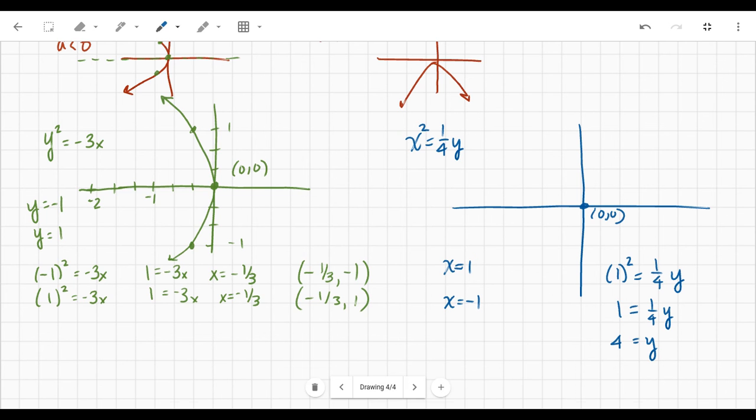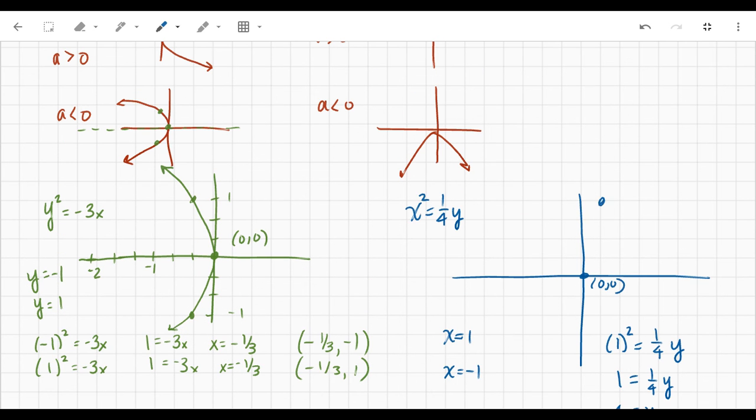So if x is 1, y is 4. And then because of symmetry, we'd also have negative 1, 4. And there's my skinny parabola, like that. All right. Moving on to the next one.